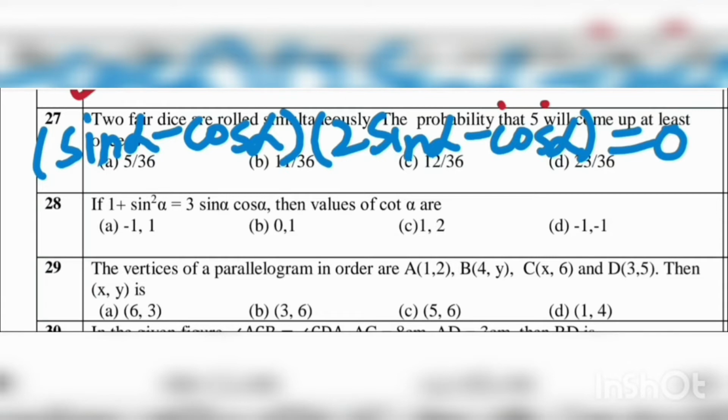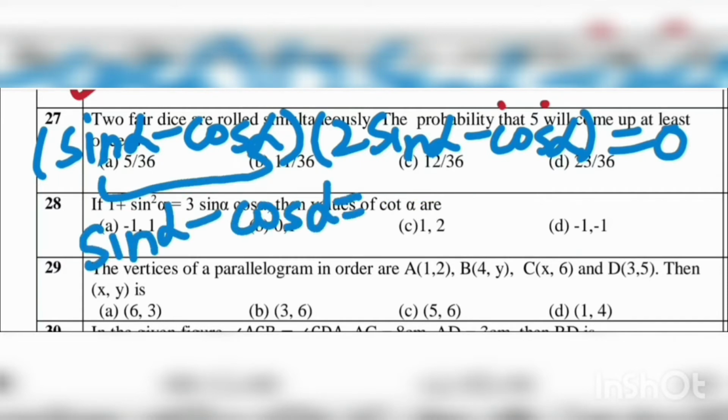If I take this term equal to 0, I will get sine alpha minus cos alpha equals 0, or sine alpha equals cos alpha. Or if I take this sine alpha down, then I will get cos alpha upon sine alpha equals 1. And we know that cos alpha upon sine alpha is cot alpha. Cot alpha will be 1. So this is the first value we will get.